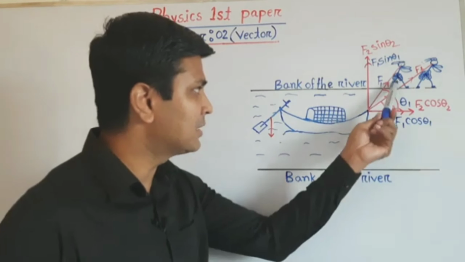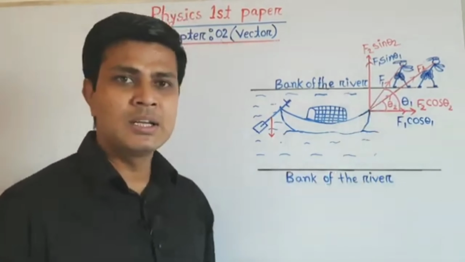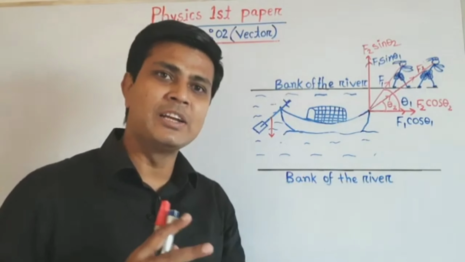Suppose the first person pulls with force F1 by making an angle of theta 1 to move the boat forward. That force we will divide into two components.